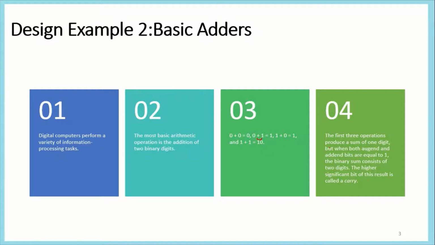Then we see if any carry is generated, it will transfer to the next column, and we will perform addition in that column. After that, we will move to the next column.